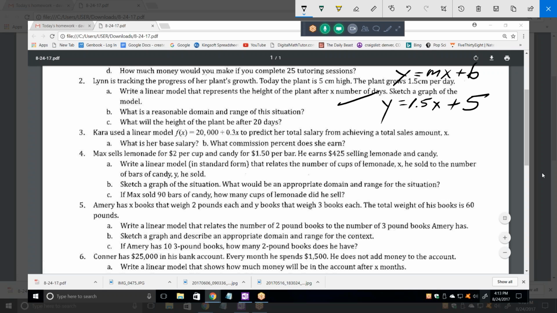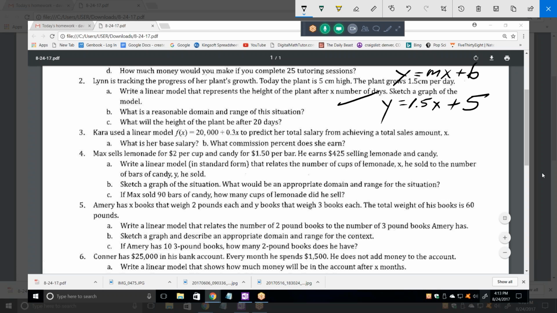Well, when the plant is 0 days old, what's its height? 5 centimeters. That works. And it's growing at 1.5 centimeters per day. So after 1 day, how high would it be? 10 centimeters. No. Fill in 1 for x.